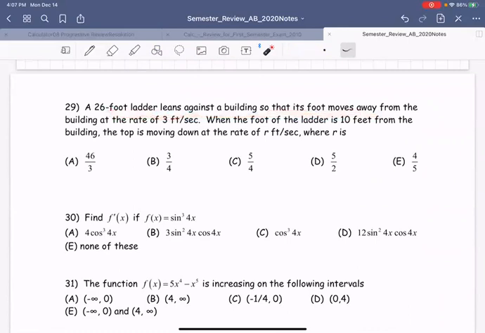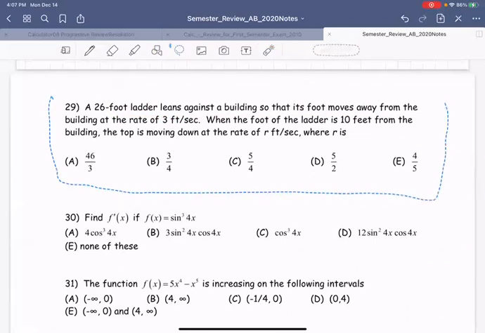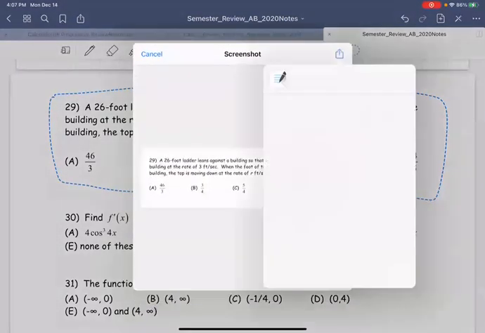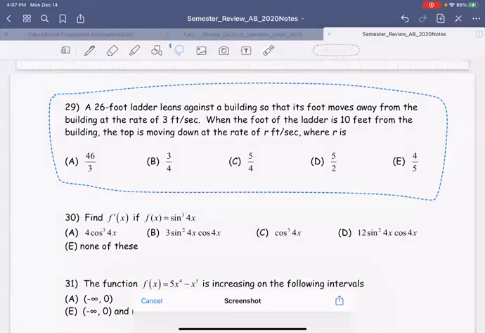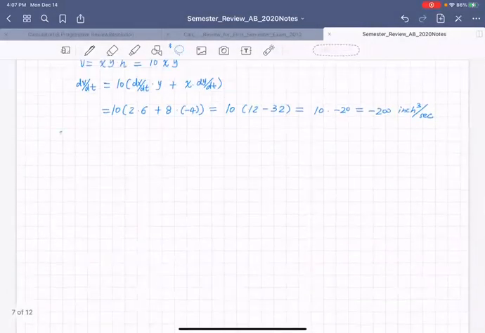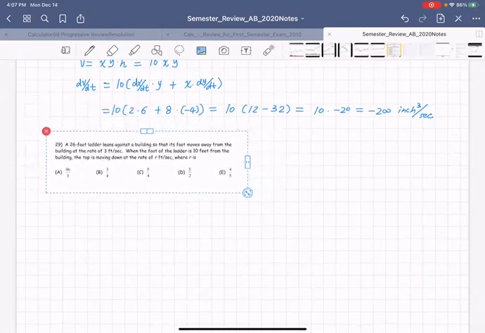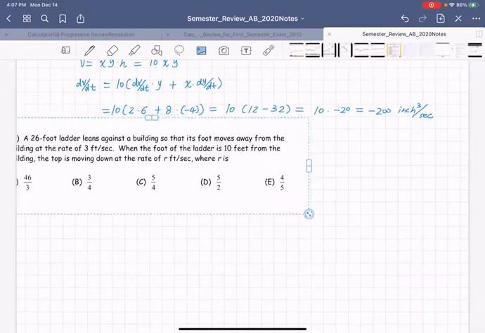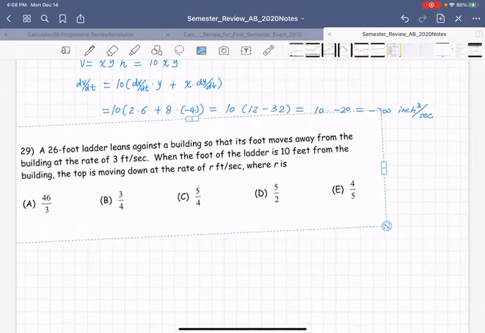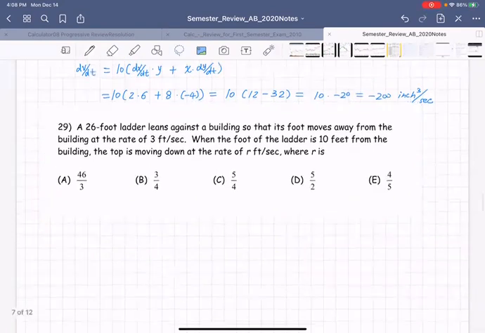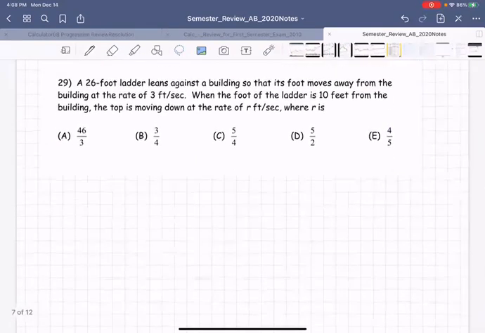26. So I'm going to pull up this one. This is also a relative rates question, right? Now let's do it over here. So it's a ladder, and this is leaning against the building.